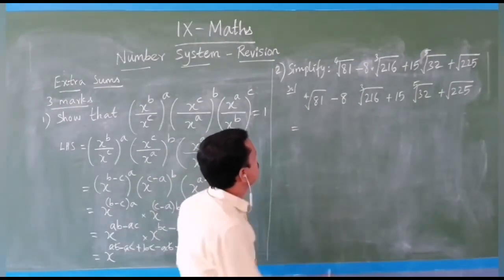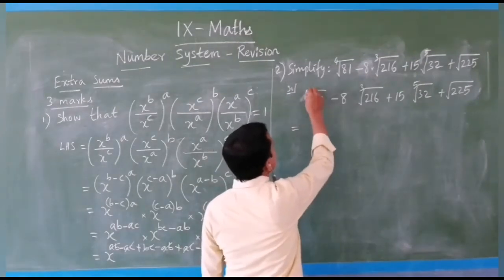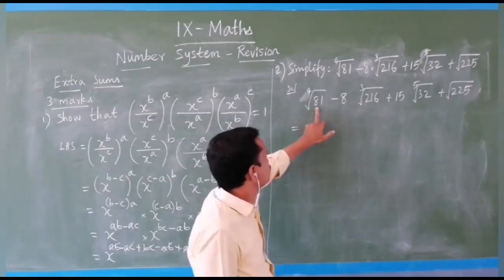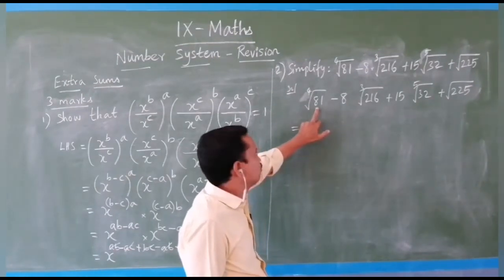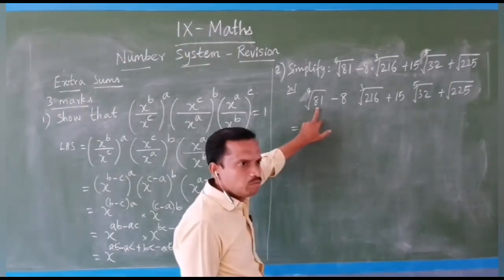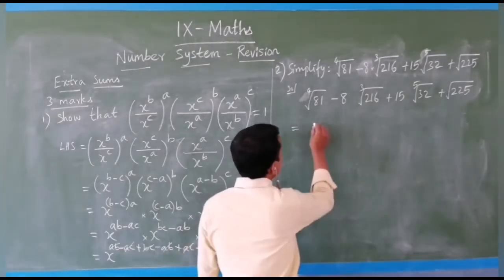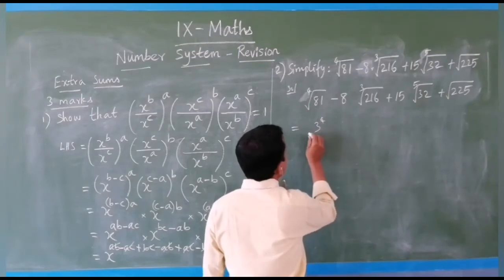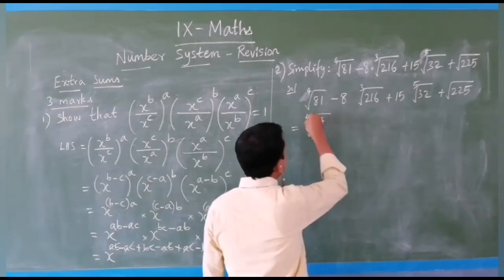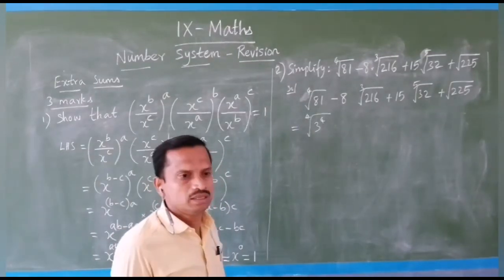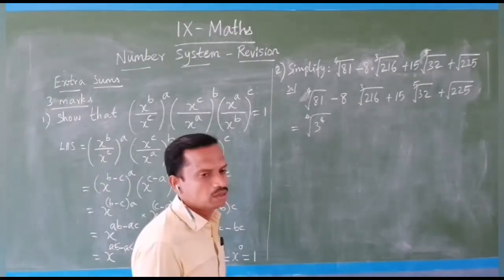For that, look at this 4th root of 81. So try for 81 to become a number whose exponent is 4. That means 3 power 4, 4th root of 3 to the power 4. 3 3s are 9, and again 3 3s are 9, you get 81.